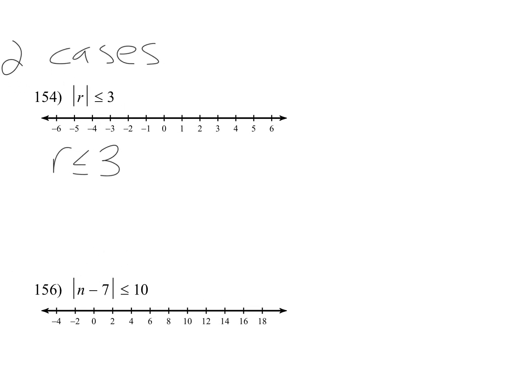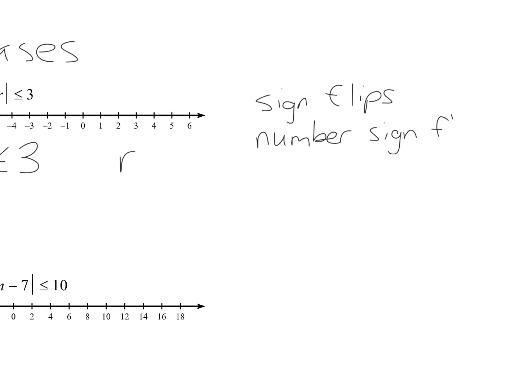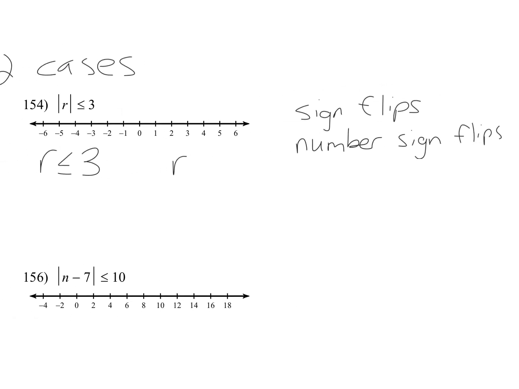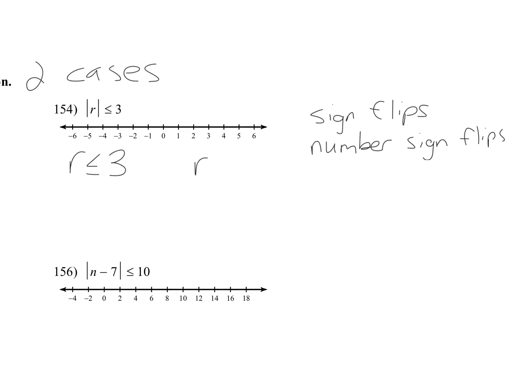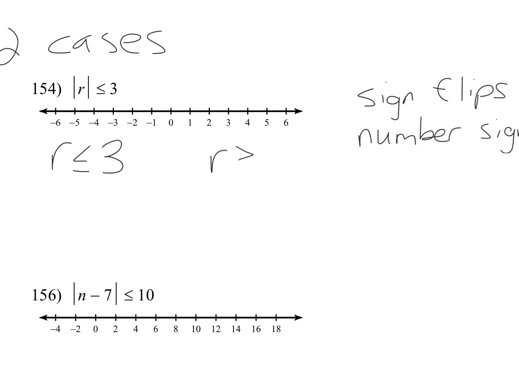The sign flips and the number sign flips. 2 steps. We got to make sure we do both of those. So what's my new sign for case 2? Greater than or equal to. And then what's my new number? Negative 3. Do not forget to graph both of them.